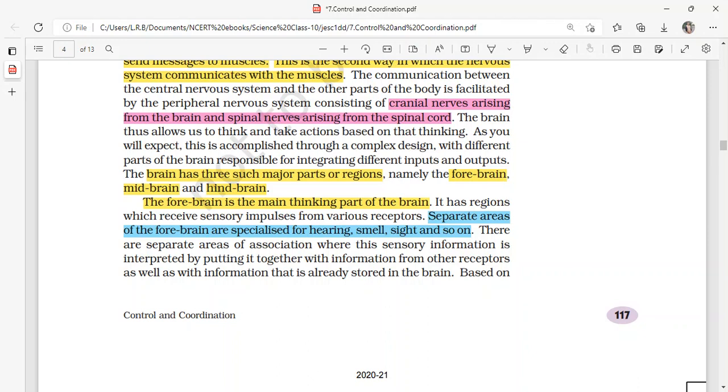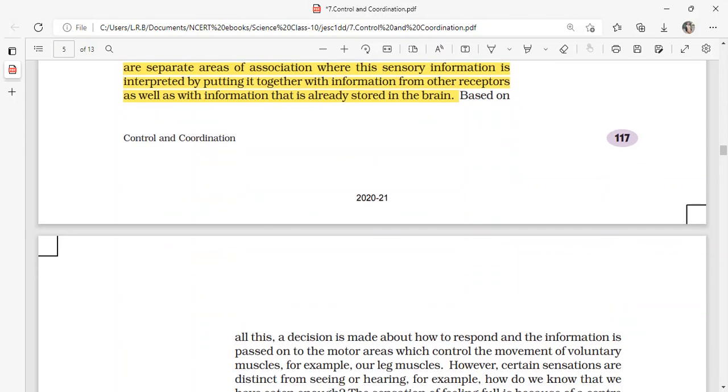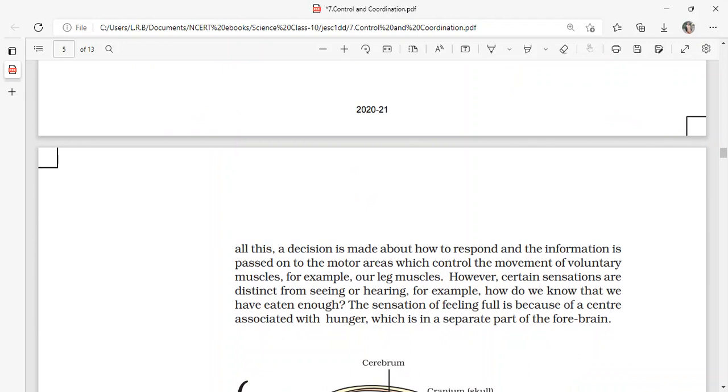Based on all this, a decision is made about how to respond, and the information is passed on to the motor areas which control the movement of voluntary muscles, for example our legs.